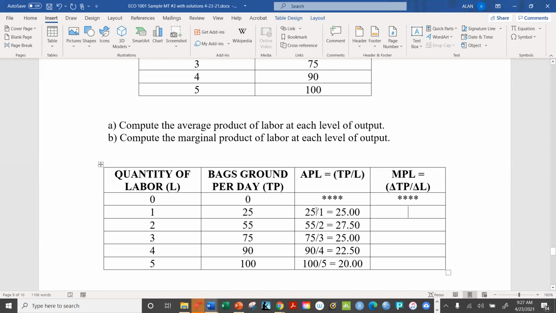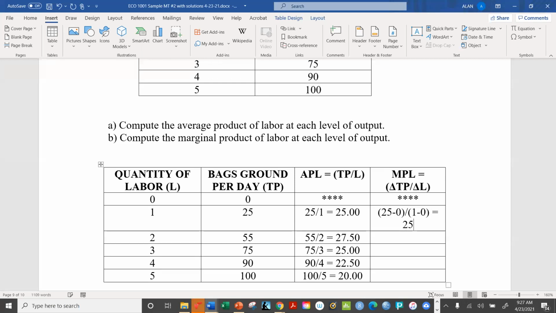These are the tricky ones. Keep in mind, we're trying to figure out how much total product changed when we use one more unit of labor, divided by the change in labor. So this one is 25 minus 0 over 1 minus 0, which is just 25.